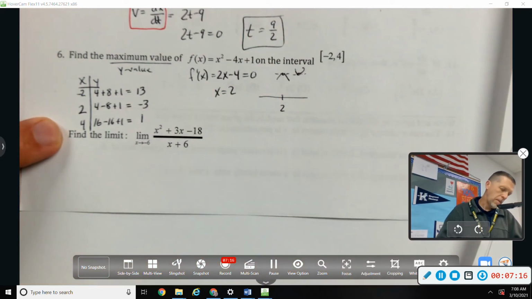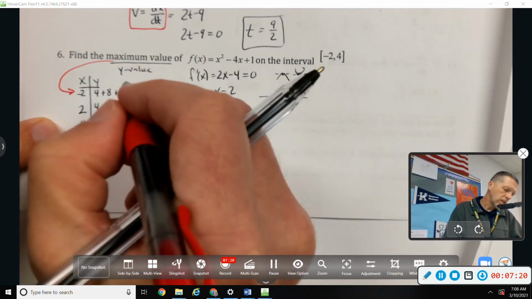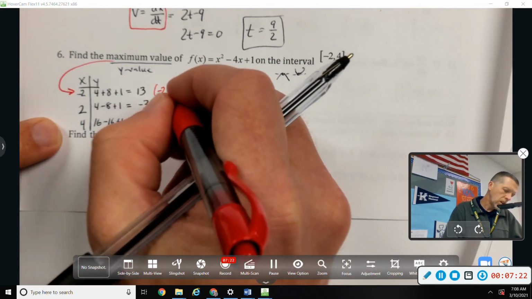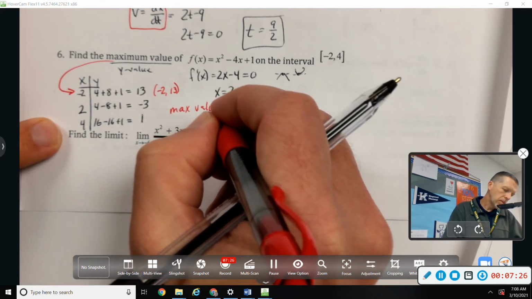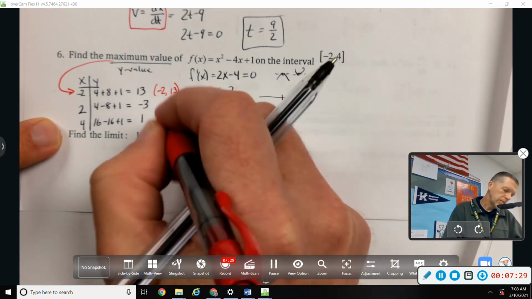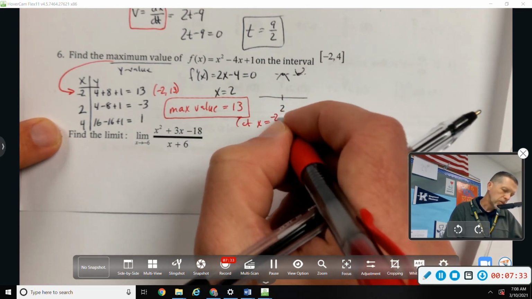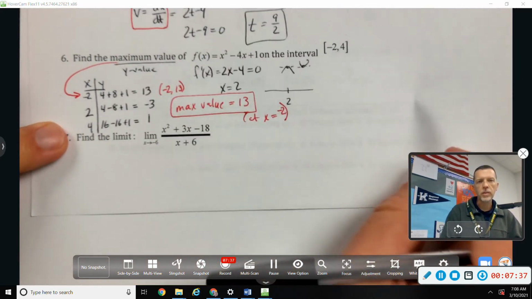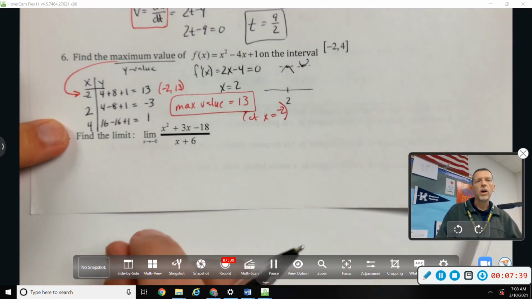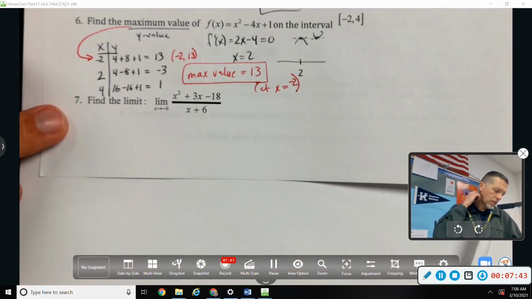And so my maximum value, or my highest point, is -2, 13. But that means my max value is 13. And that happens at x equals 2, or -2, excuse me. But the answer to the question is the maximum value is 13, because that's the y value that reaches the maximum height.